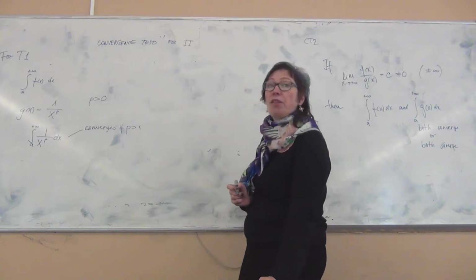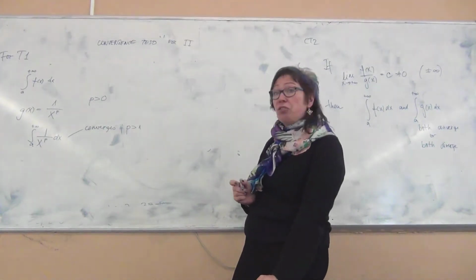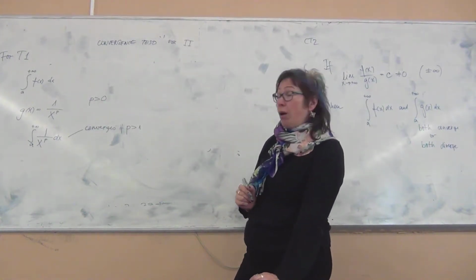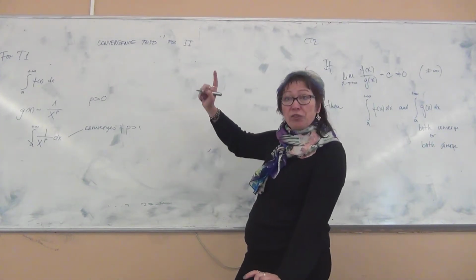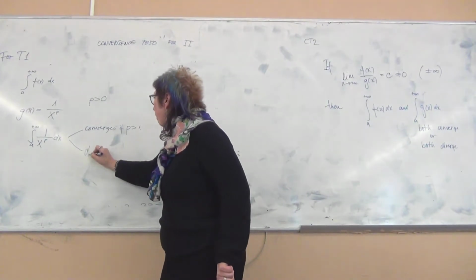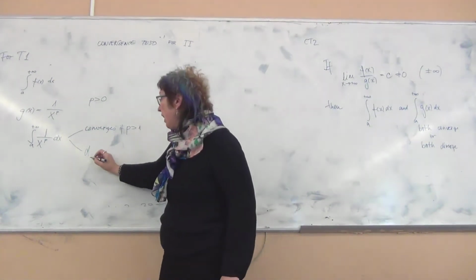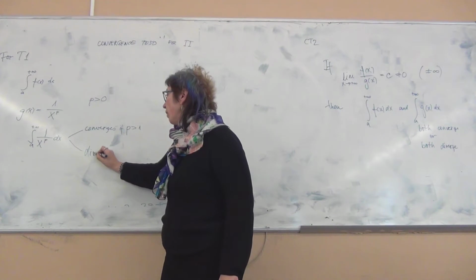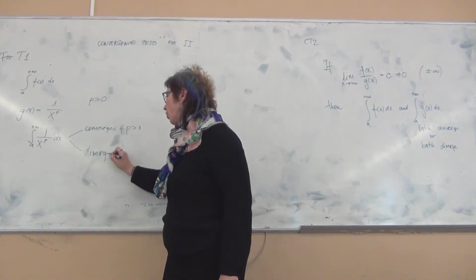If p is greater than 1, then this integral converges. We will integrate and check and see what happens. And if p is less than or even equal to 1, the integral diverges.